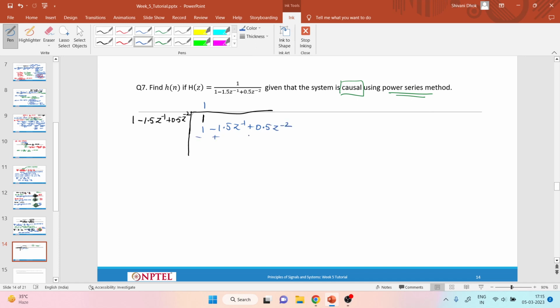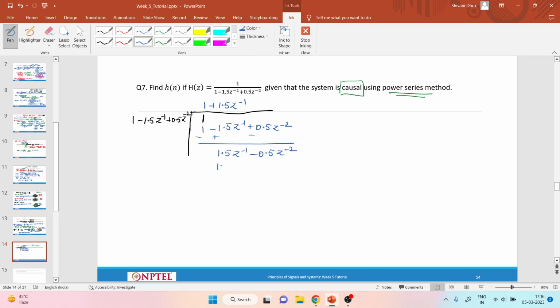And if I subtract this, then this is equal to 1.5 z inverse minus 0.5 z power minus 2. Now we need to cancel this first factor, so we'll multiply this divisor by 1.5 z inverse.